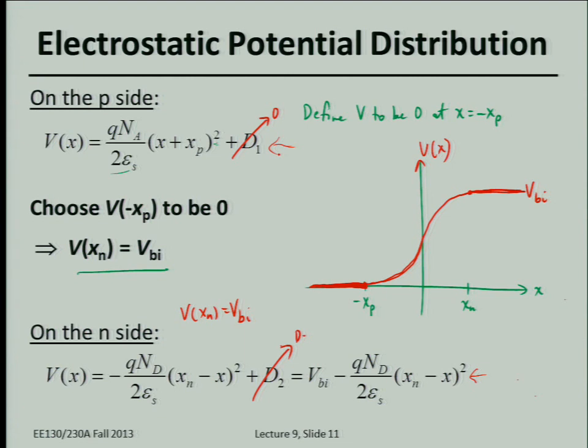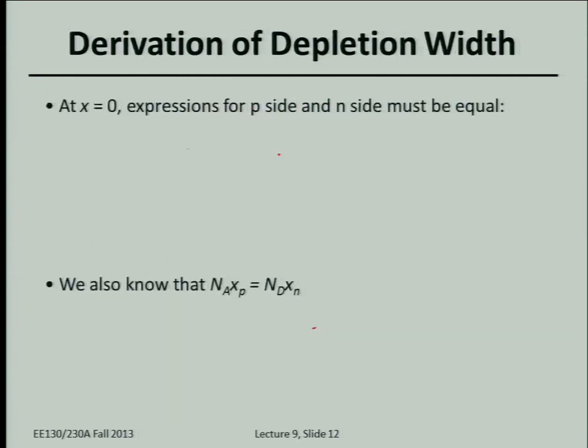Right? So if x equals 0, you just have xp squared on the left and xn squared on the right here. Qna over 2 epsilon s times xp squared equals vbi minus qnd over 2 epsilon s xn squared.